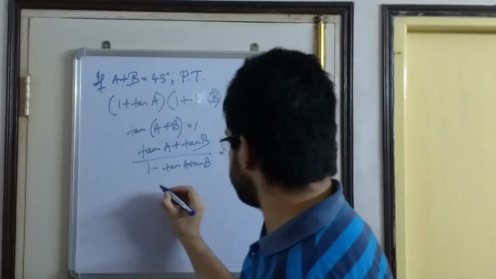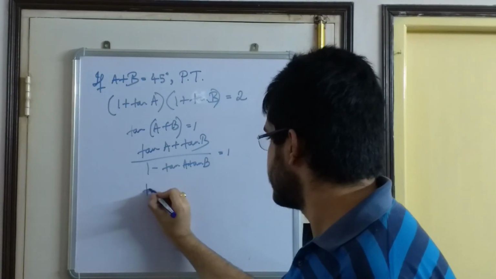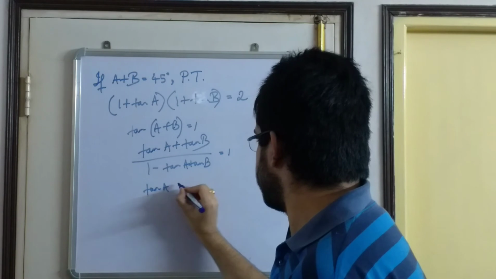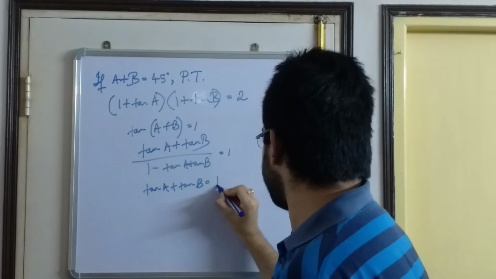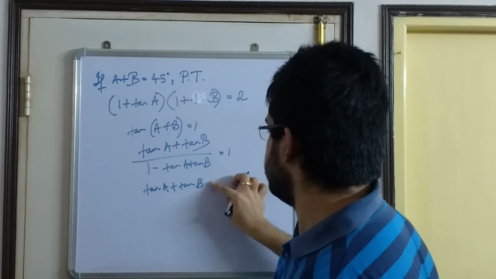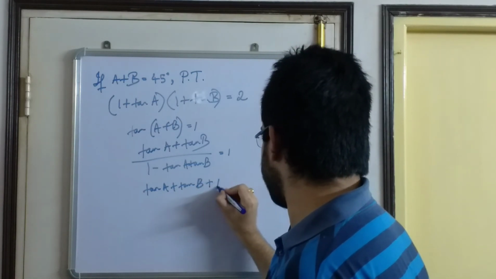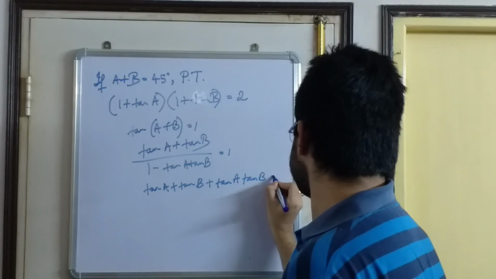So just cross multiply this. What will we get? Tan a plus tan b is equal to 1 minus tan a tan b. Then we are bringing tan a tan b on the LHS, so tan a plus tan b plus tan a tan b is equal to 1.